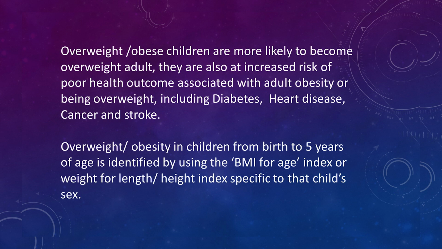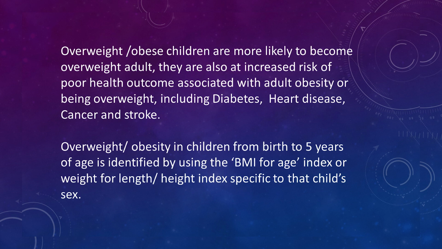Overweight and obesity in children from birth to 5 years of age is identified by using the BMI for age and the weight-for-length or height index specific to the child's sex. So, overweight is diagnosed by measuring the BMI of that child. As underweight is a problem, overweight is again a bigger problem in children.